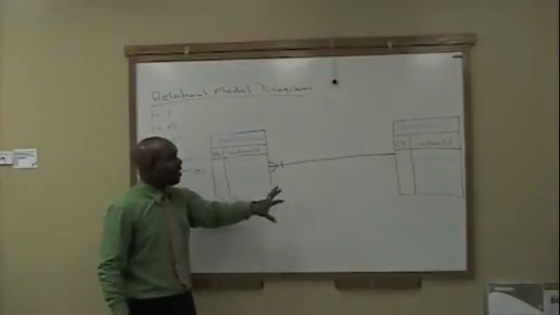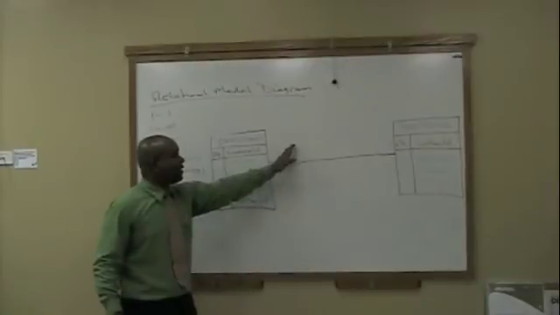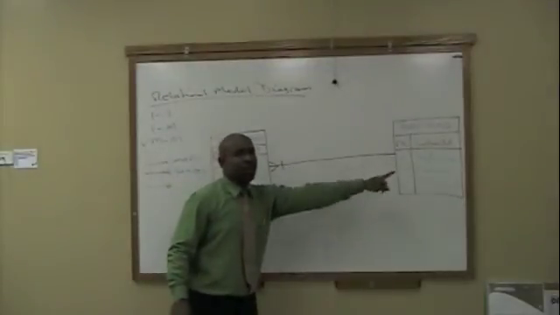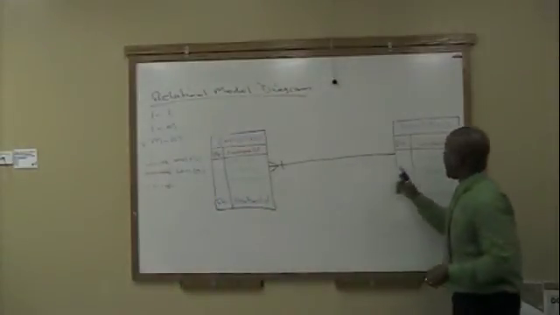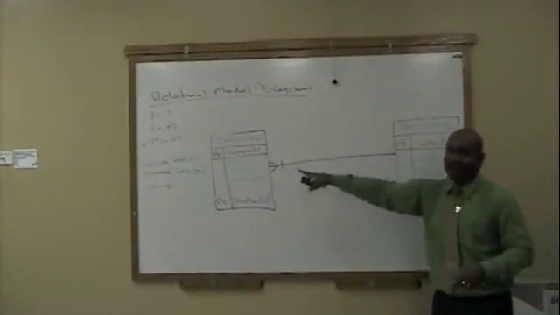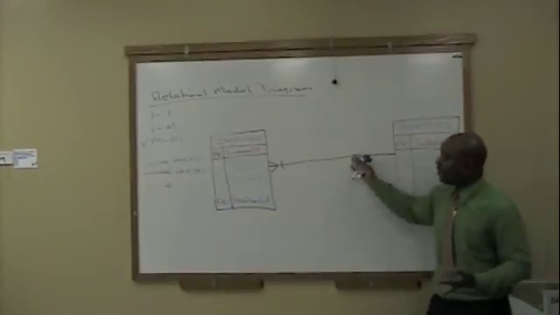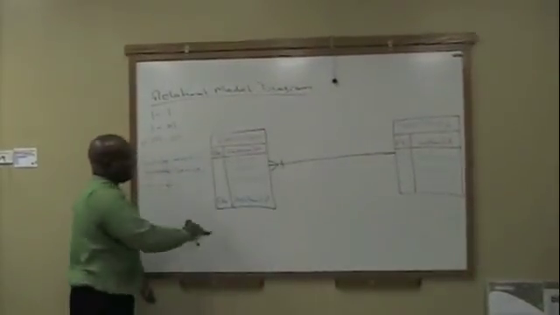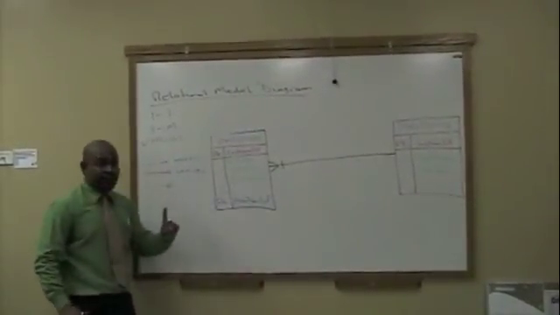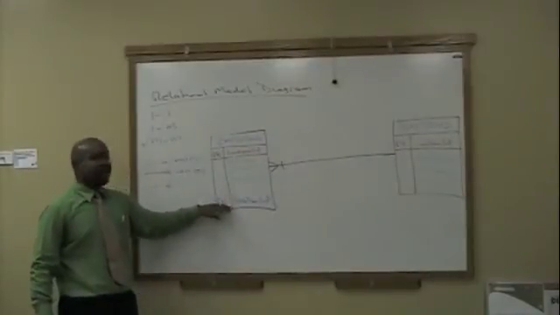But each row is an instance of the employee. And what we started off by saying is an employee can fill only one position. But looking at it from the other side, a position can be filled by many employees. That's what we had originally, wasn't it? And if you actually look at it now, in this table, because an employee can only fill one position, you put that inside there.